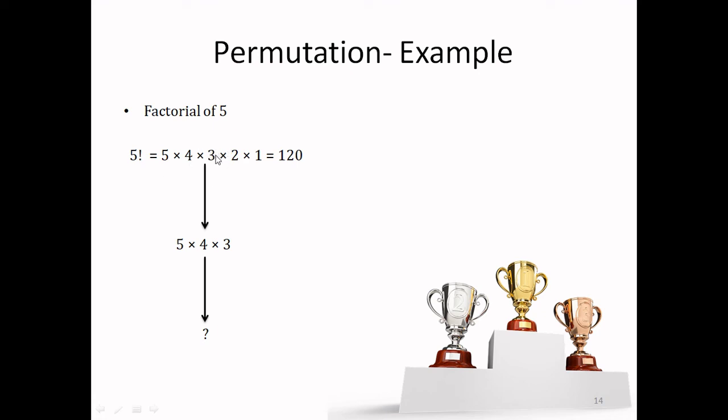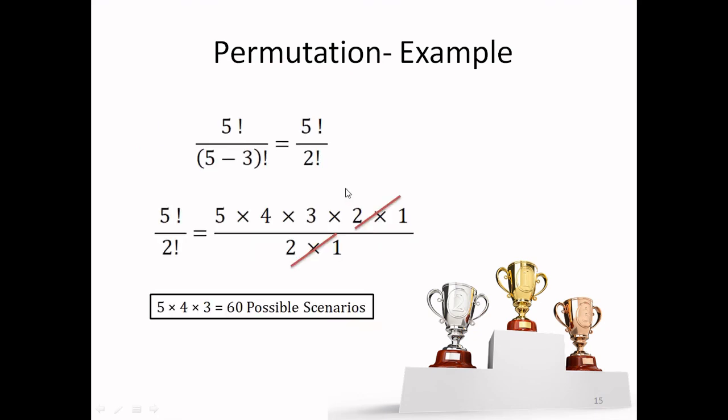So how can you do that? You can see over here, if you divide 5 factorial by 2 factorial and expand this 2 factorial, you can easily cancel out the 2 cross 1 from the numerator, and this will then give us 60.